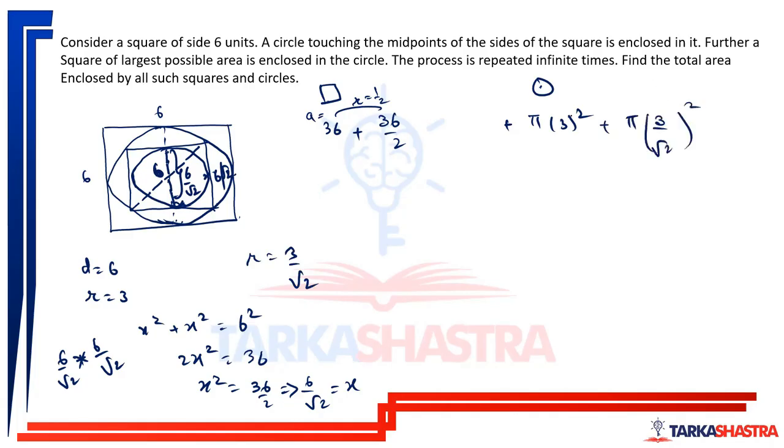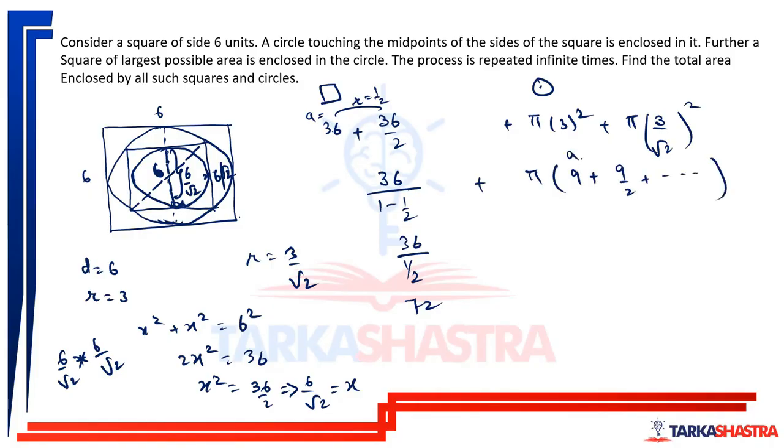Again, this is my geometric progression. So what is the sum of this geometric progression? 36 upon 1 minus 1 by 2, a upon 1 minus r. So this is 36 upon 1 by 2, that is 72. If I have to add here, pi will be common. This will be 9, this will be 9 by 2, and so on.